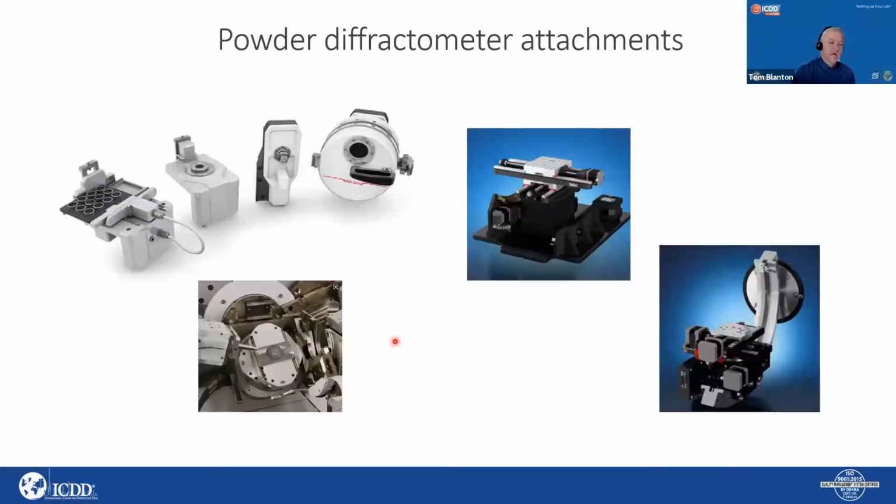You can buy a large number of attachments for these different diffractometers, and that's a flexibility option offered there, depending upon the need: sample changers, single capillaries, high temperature stages, tilting stages. The variety is very nice, and you can do a lot of different experiments using these larger instruments.